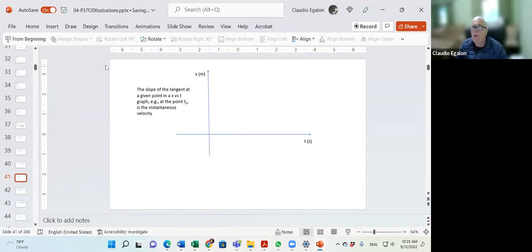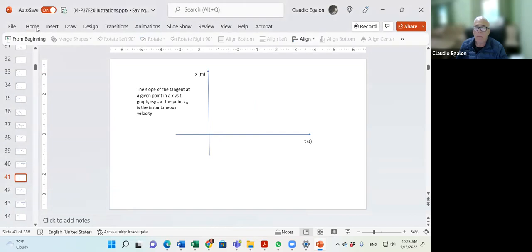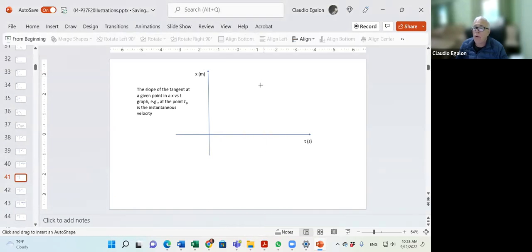The simplest type of motion that you're going to see out there is the type of motion that we call uniform motion. In the case of uniform motion, the graph of X versus T is just a straight line like that. So now I ask you, what's the slope of this graph at this point compared to the slope at this point?